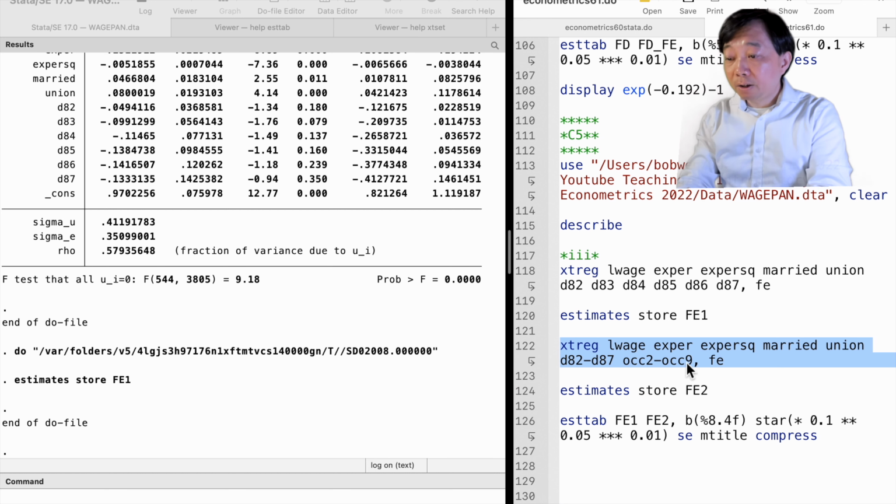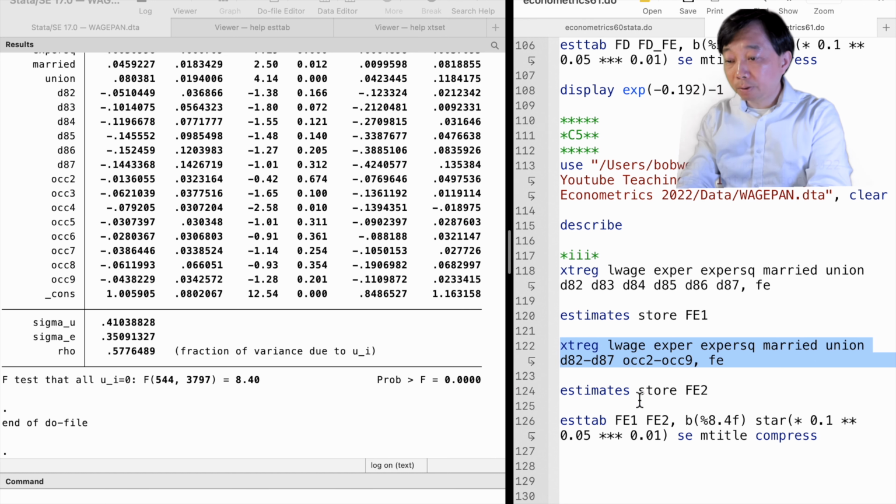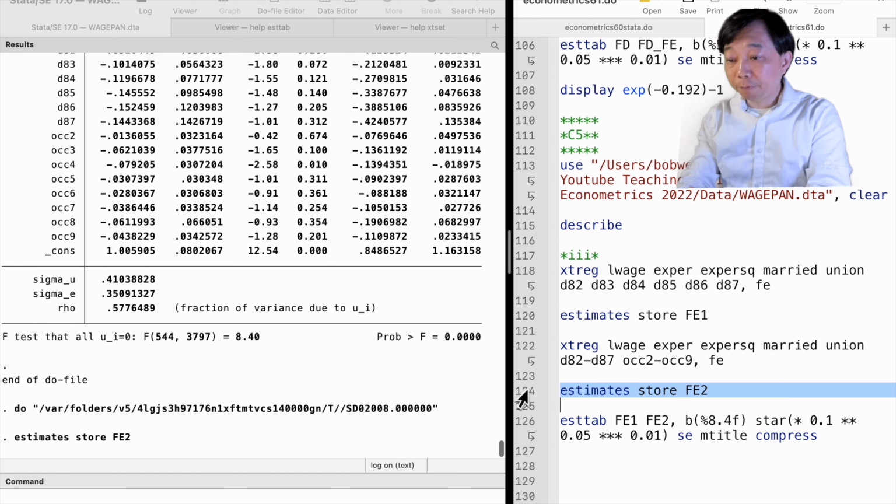We add the 8 occupation dummies to the model and estimate the equation using the fixed effects time demeaning method. Since occupation is not time constant in this sample, we can include them in the model.